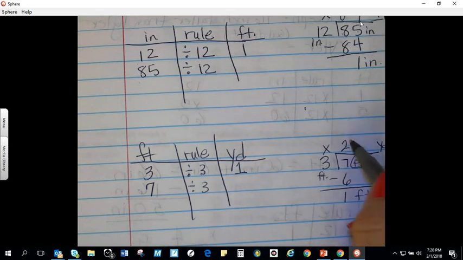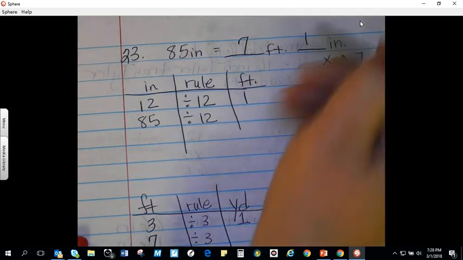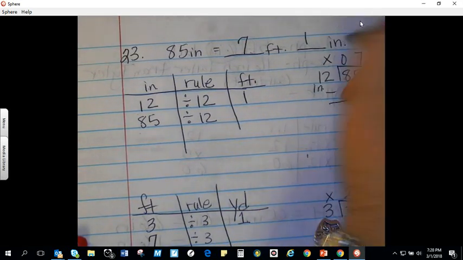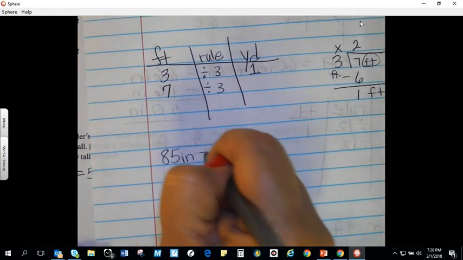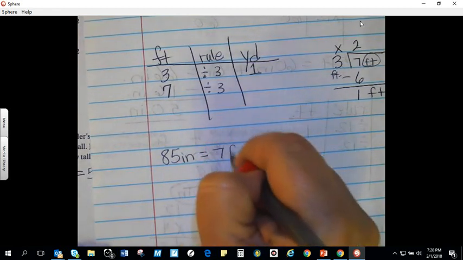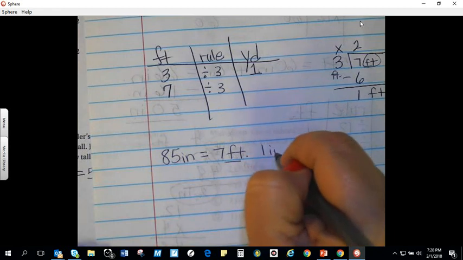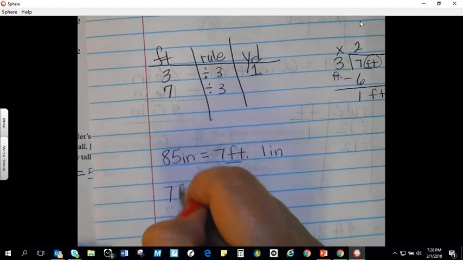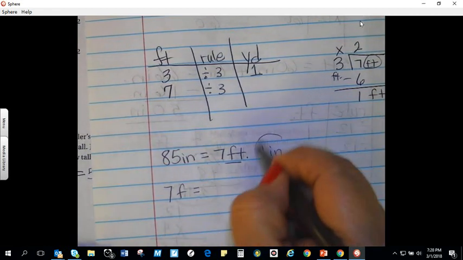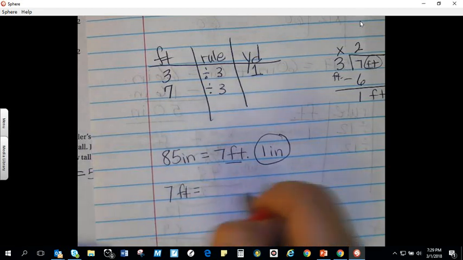So now I have, see this up here? I'm going to bring this down here, and I'm just going to lay it out. 85 inches was equal to 7 feet, 1 inch, which now the 7 feet is equal to, I'm going to keep that there, is equal to how many yards?